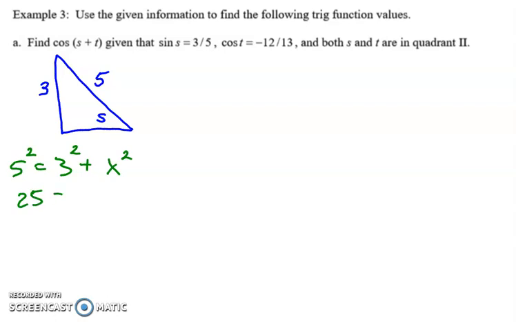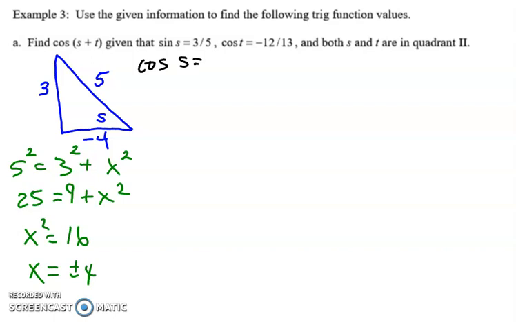So 25 is equal to 9 plus x squared. X squared is 16. You know x is plus or minus 4. So in this case, it's going to be negative 4. So that tells me also that the cosine of s is equal to negative 4/5.